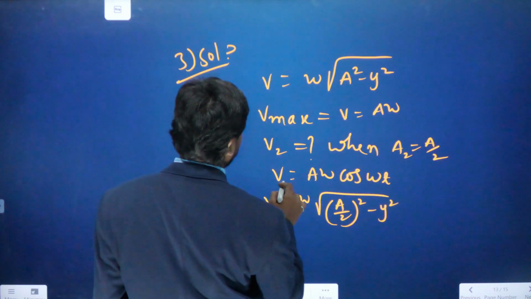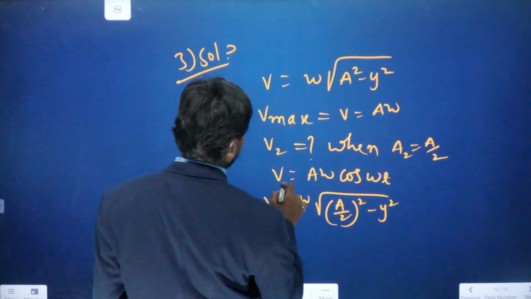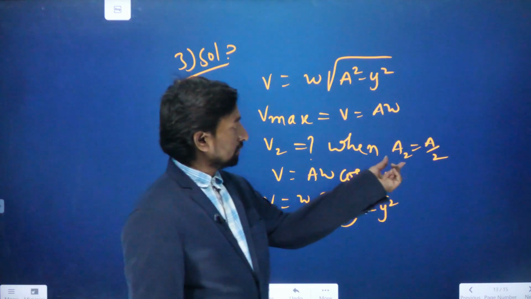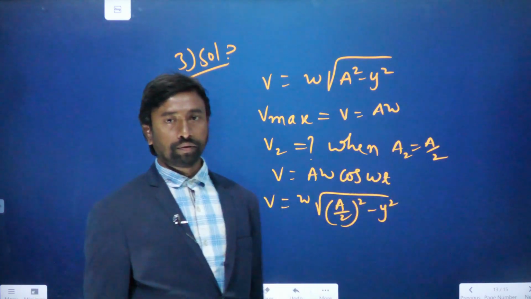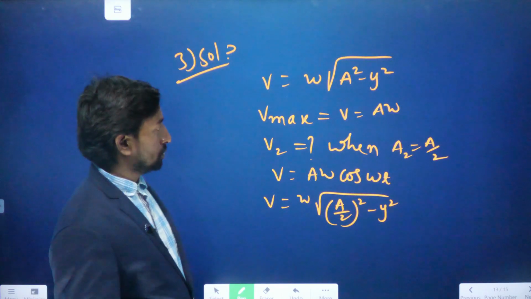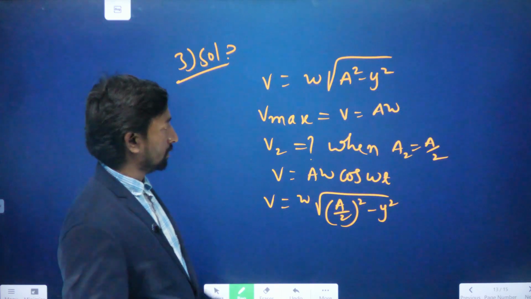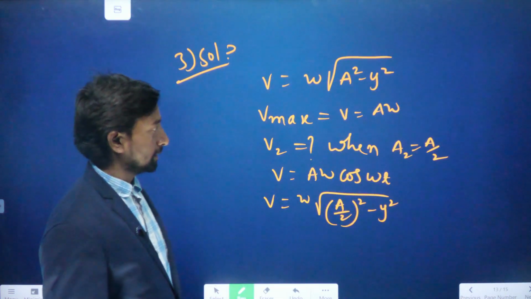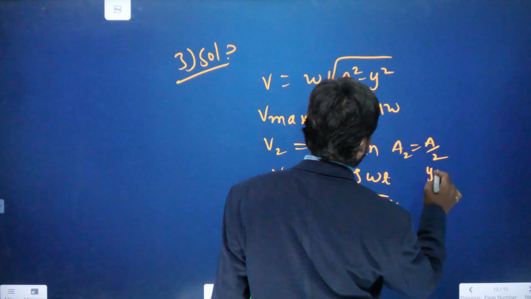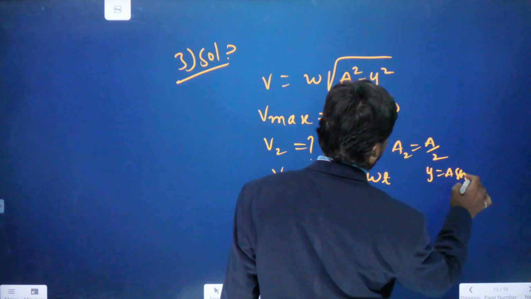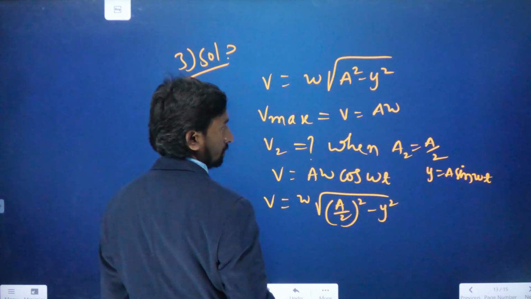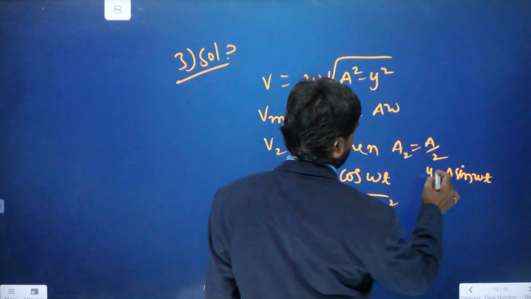This is V2. So we need to find out how much displacement the body has at half of the amplitude. The displacement y is equal to A sin omega t.